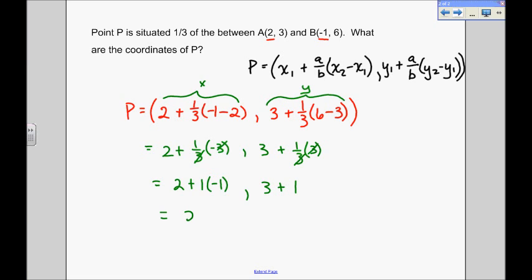Here I have 2 plus negative 1, and I have 3 plus 1. Here I get 2 plus negative 1 is 1, and 3 plus 1 is 4. So point P has the coordinates of 1, 4.